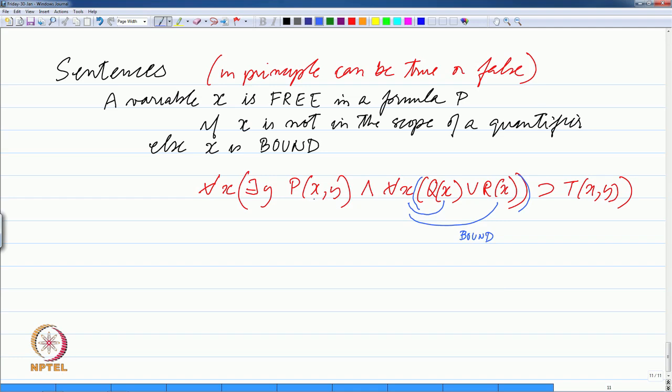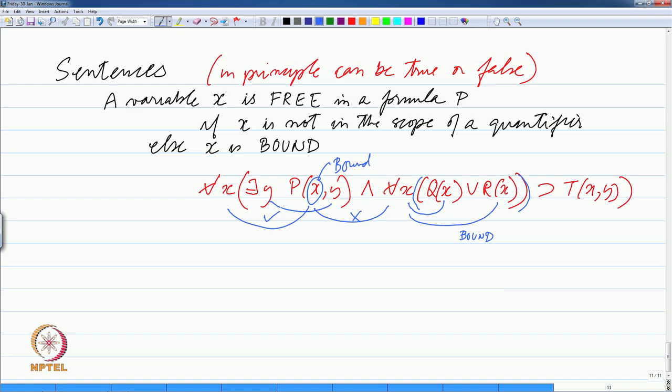This x is also bound, but it is not bound by this one, it is indeed bound by this one. I will just put a cross on it. So, this x is bound. Likewise, this y is bound, because it comes within the scope of this there exists y. So, this is bound by this quantifier.